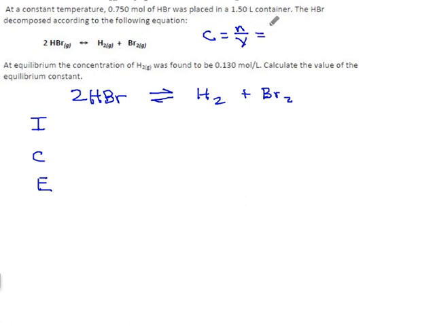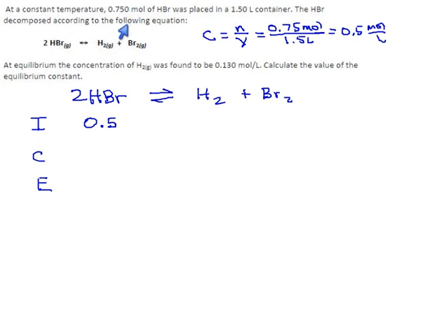So for HBr, it's 0.75 moles divided by 1.5 liters, 0.5 moles per liter. That's what goes down here. We can do that anytime we want to see if we can catch you, so watch out. These numbers that go in the table are all moles per liter. If you ever see moles, an alarm should go off immediately.